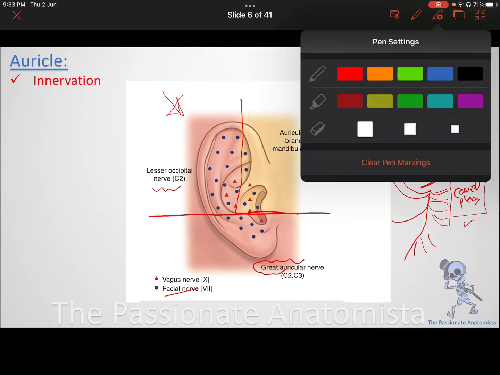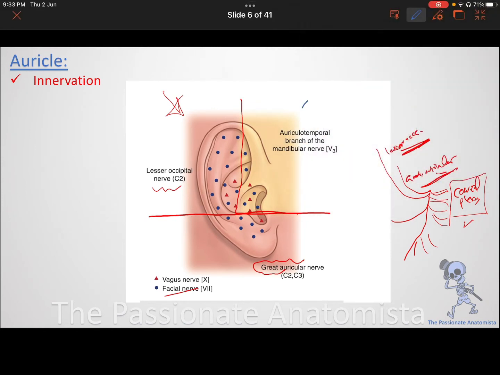And then the sensation anteriorly in the upper half is basically by the auriculotemporal nerve. This is a nerve that comes from the temporal bone. Your temporal bone is here, and it goes to the auricle, so we call it the auriculotemporal nerve. It's a branch of the mandibular division of the trigeminal nerve. All right, so the innervation of the auricle: the great auricular, lesser occipital, and the auriculotemporal from the mandibular.